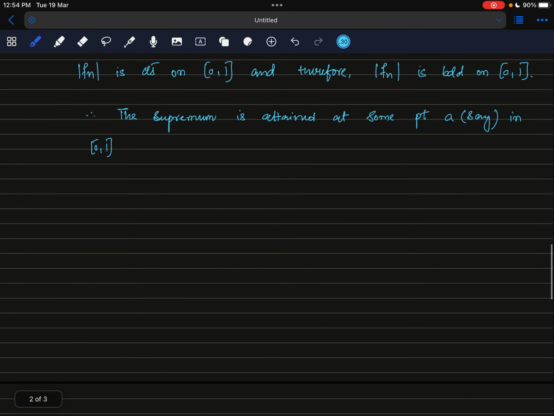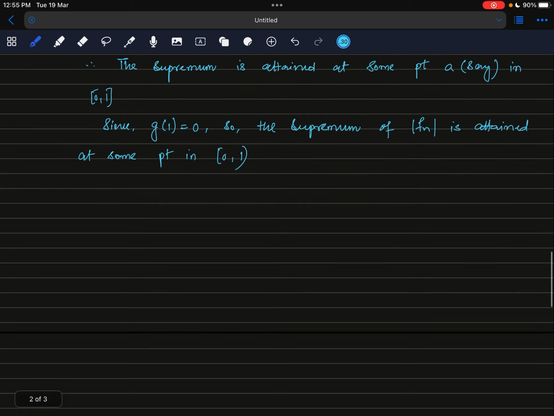Since g(1) equals 0, it follows that the supremum of f_n is attained at some point in this interval.